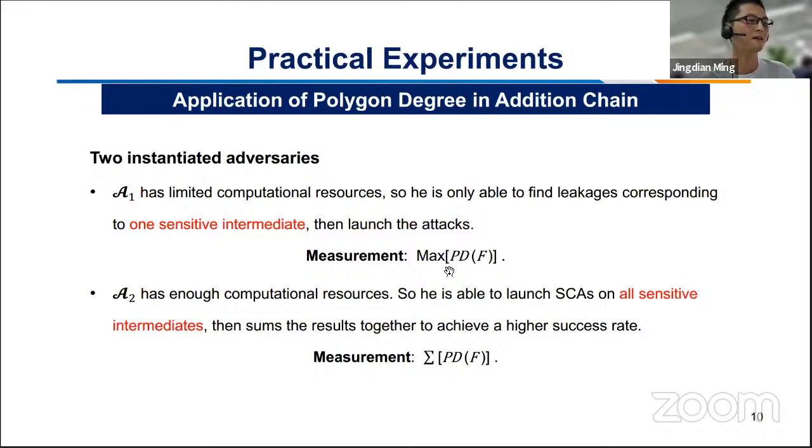Then we apply PD to the addition chain implementation. We instantiate two adversaries. The first adversary is only able to find the leakage corresponding to one sensitive intermediate, and then launch attacks. And the second adversary is able to launch side channel attacks on all sensitive intermediates, and then sum the results together to achieve a higher success rate.